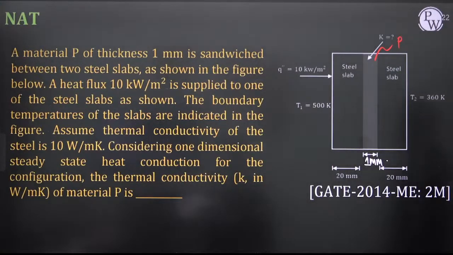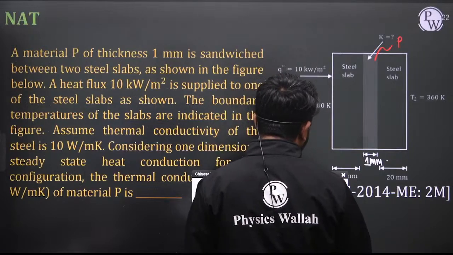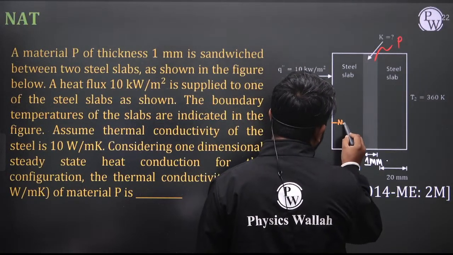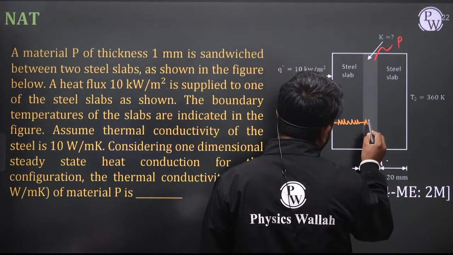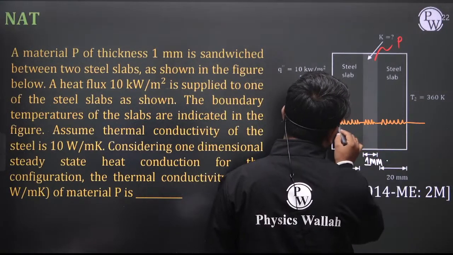So this is purely a series connection problem. Whenever you get a problem based on a composite wall, series connection or parallel connection, first draw the thermal circuit. So if you draw the thermal circuit, this is the conduction resistance of the steel, this is the conduction resistance of the material P, and this is again the conduction resistance of the steel.